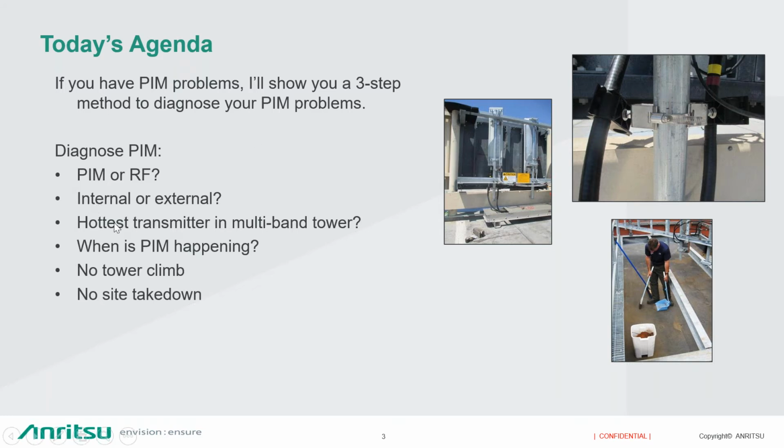If I do have PIM, what is my hottest transmitter in a multi-band tower, which can get quite complicated, as you'll see during this presentation. Sometimes PIM can be insidious and you don't know when PIM is happening other than looking at your KPI reports. And we're going to do all of this diagnosis with no tower climb and no site takedown, which I'll get into some of the details of how costly and time consuming that exercise can be.